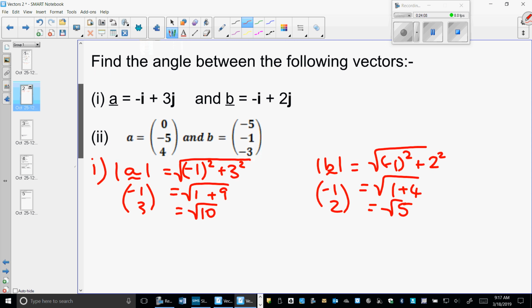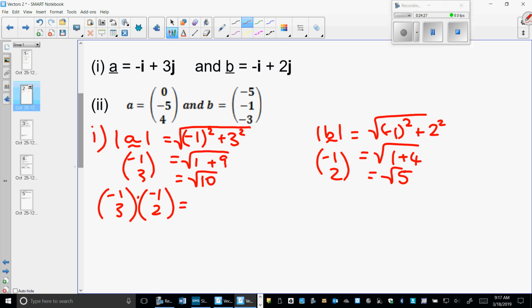Now we need to find out the dot product. And plus 3.